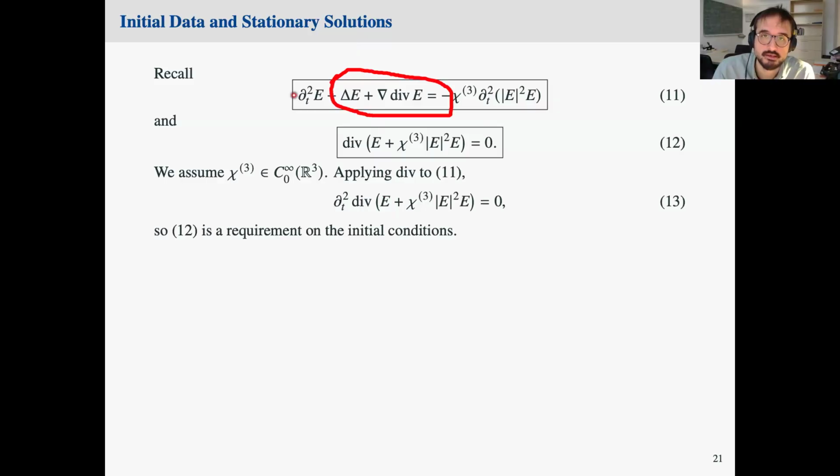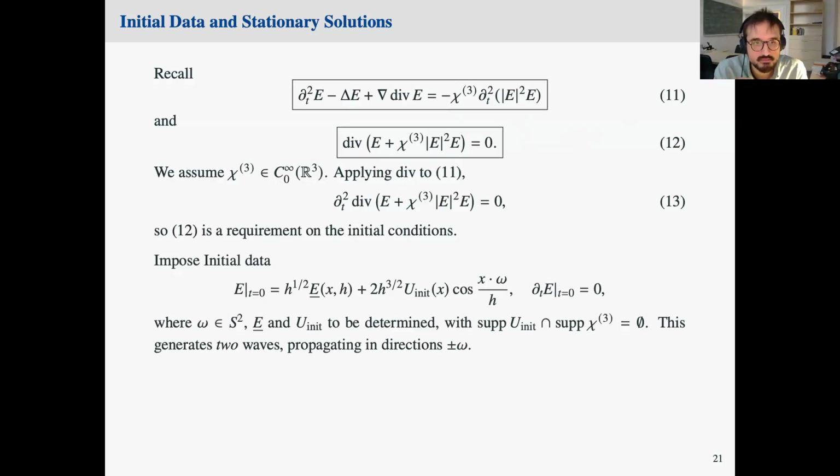But you can check that by applying divergence to here, the second derivative of the divergence is 0 if this equation is satisfied. And so as long as your initial conditions satisfy this, and the derivative, then that would be true always. So essentially this reduces the second equation to saying something about the initial conditions. And once you're able to say that, then you get for free the condition 12.